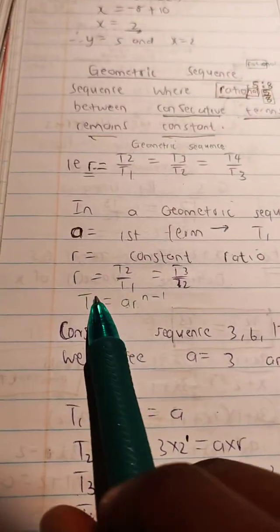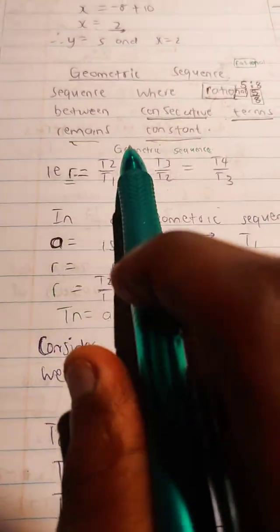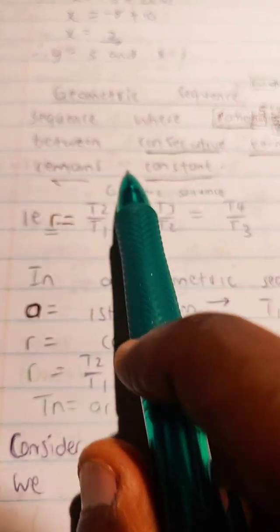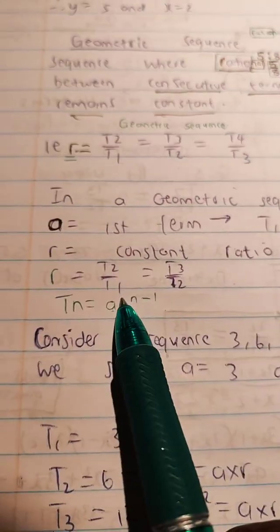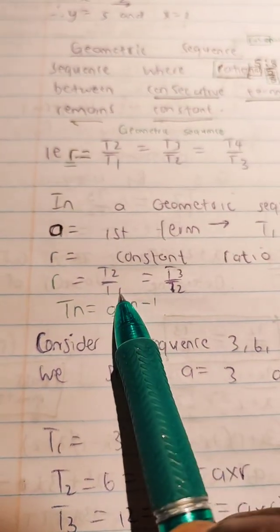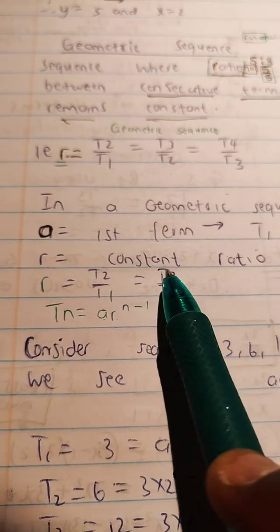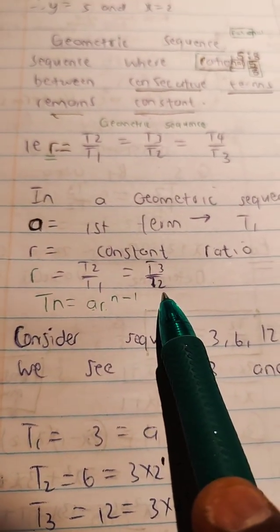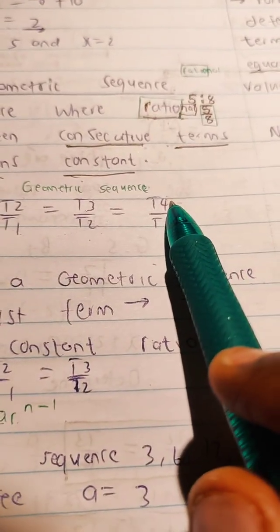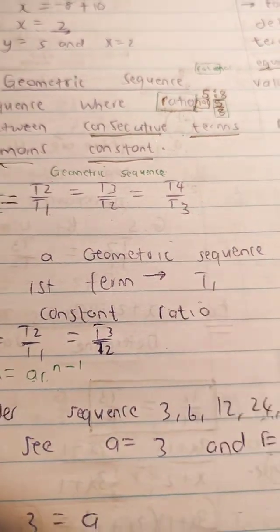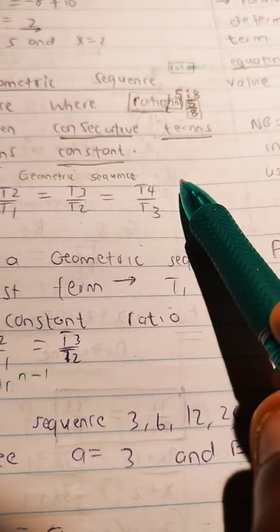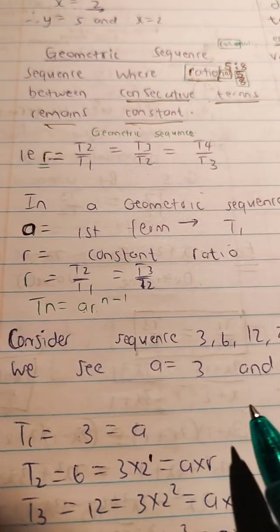Okay, and how do we calculate the value of R? As I said to you, if it's a geometric sequence, it means that the ratio is constant. Therefore, you can say term 2 divided by term 1, and you should get the same value for term 3 divided by term 2, the same value for term 4 divided by term 3, and the same value for term 5 divided by term 4.